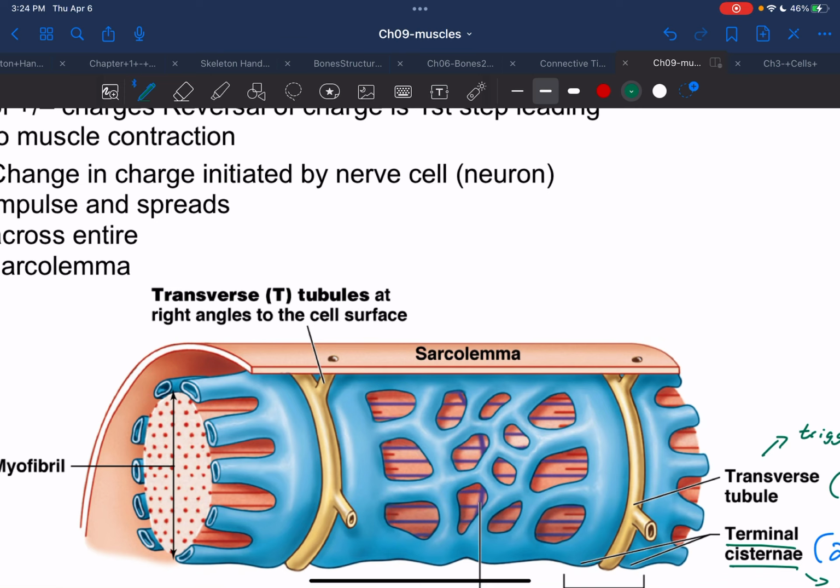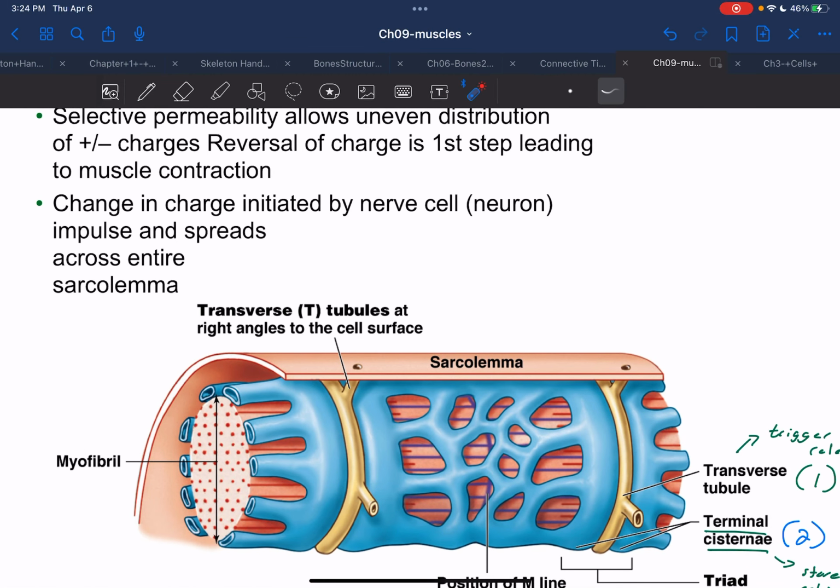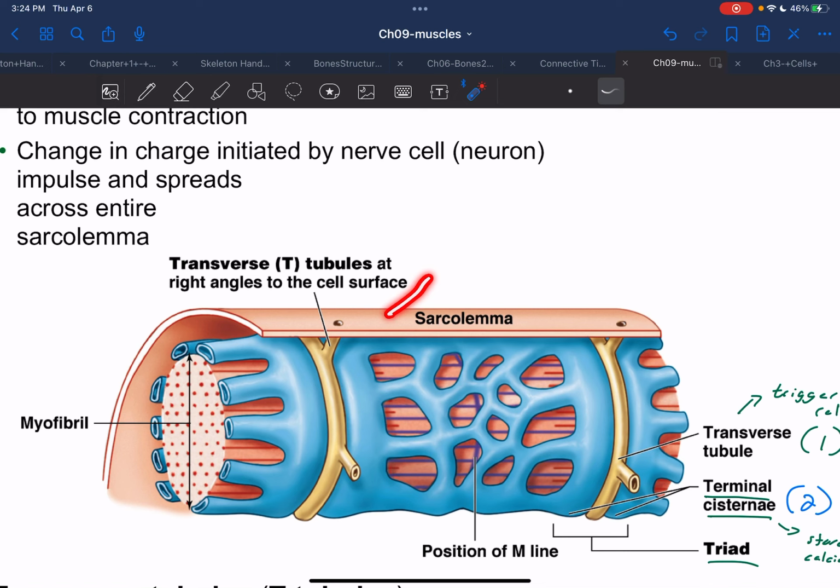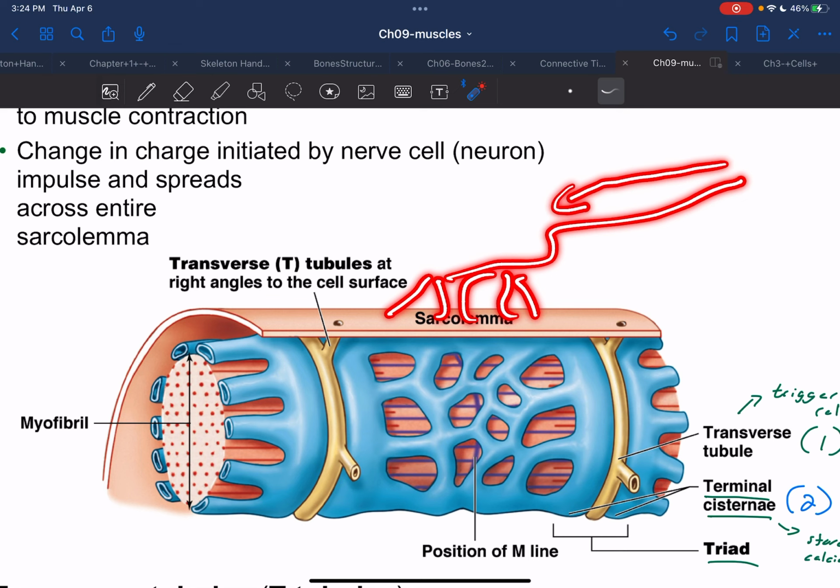Now, this sarcolemma is a plasma membrane that can actually pass charges through it. It can actually carry charges. And so when your nerve cells decide to move a muscle, when you send the voluntary motion to control, it's connected to nervous tissue. And if we remember, when we were looking at our nervous tissue, we had the axon, the passageway, and then we had our axon terminals at the end.